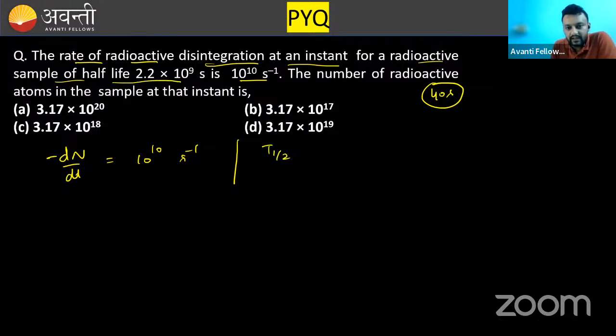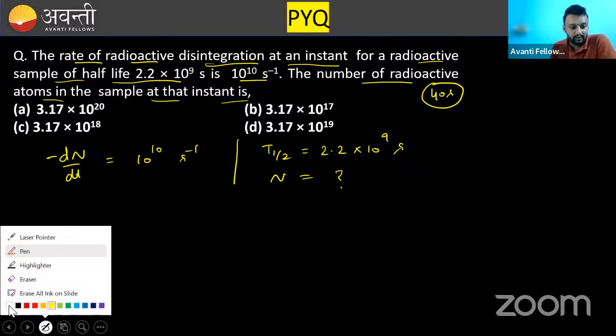That means T half is 2.2 into 10 raised to the power 9 seconds. The question they are asking is the number of radioactive nuclei in the sample at that instant.